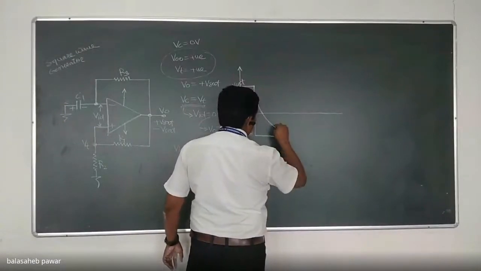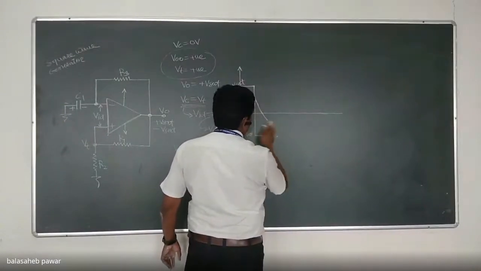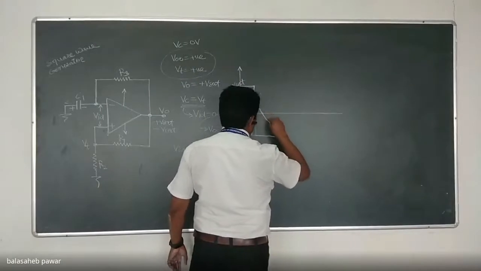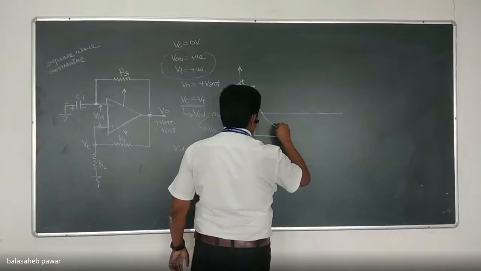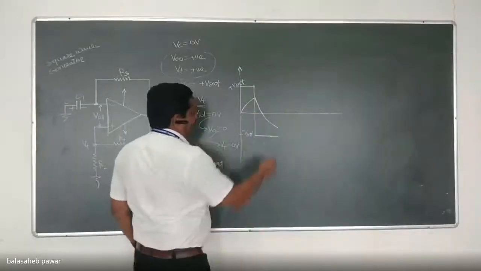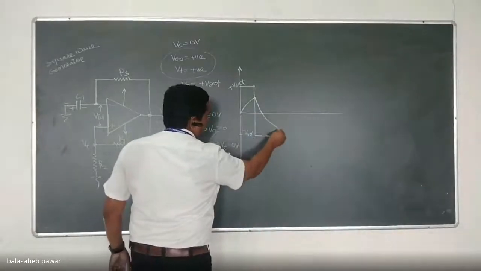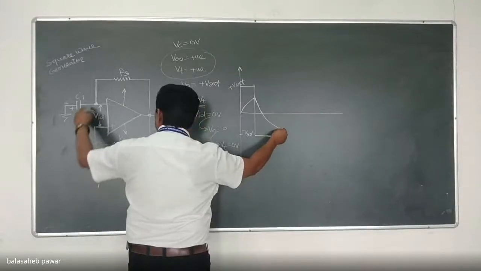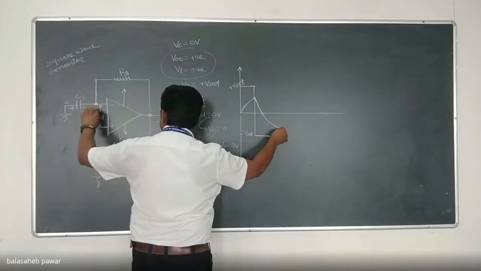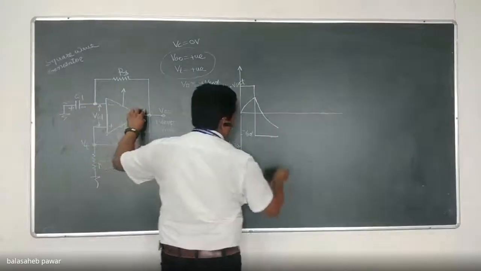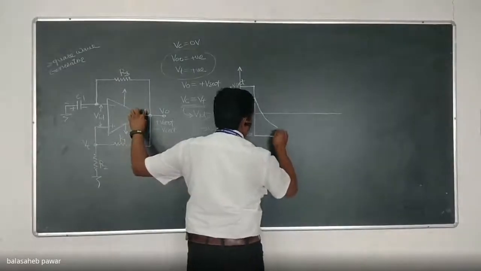I will show it somewhat over here. Okay. So see, at this time period, the voltage across the capacitor equals VT, both are negative. The differential voltage will become 0 volts, and hence the output of the op-amp will get forced to 0.